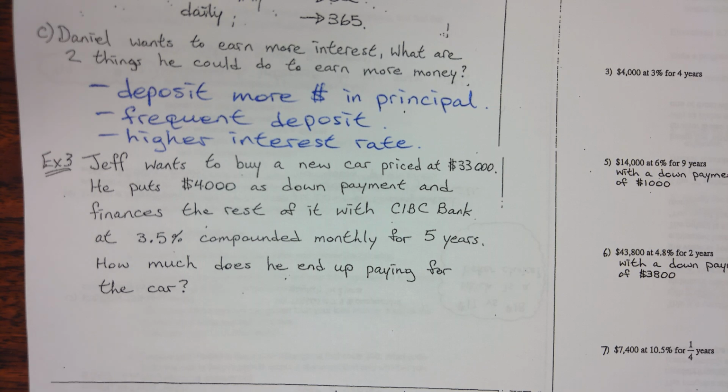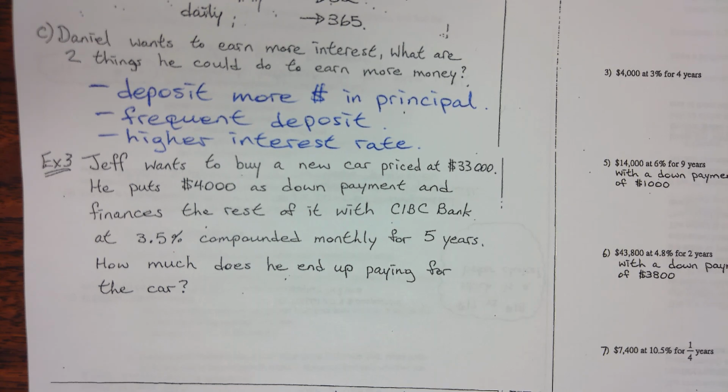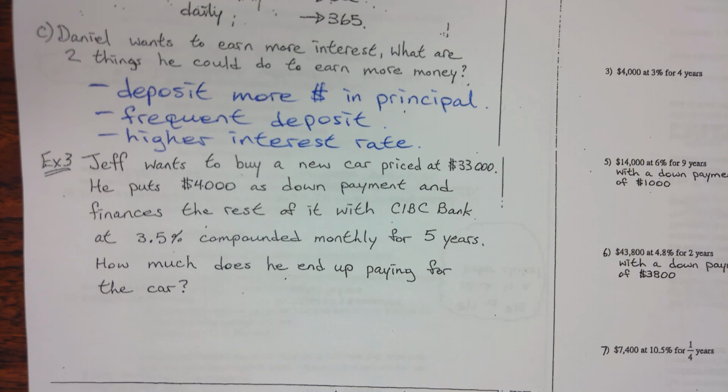Okay. And then last example. Jeff wants to buy a new car priced at $33,000. He puts $4,000 as down payment and finances the rest with CIBC at 3.5% compounded monthly for 5 years. How much does he end up paying for the car at the end? Okay, so this is what we were talking about yesterday. If you don't have that 33,000, you can ask the bank for a loan.